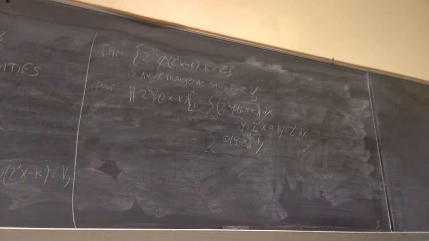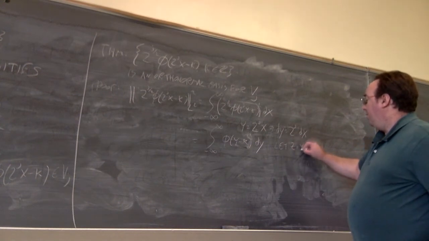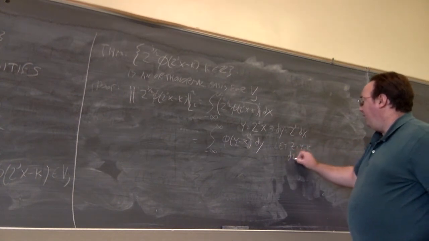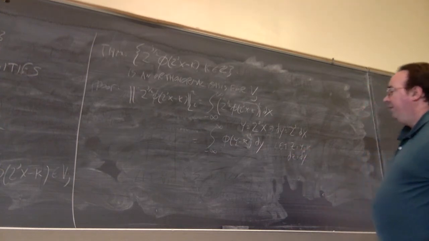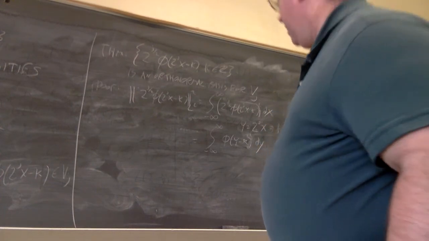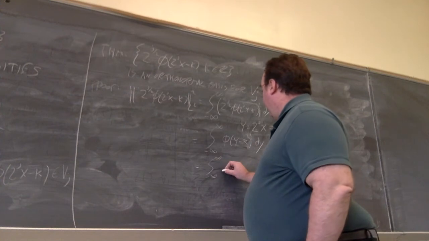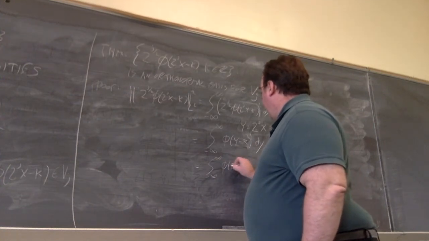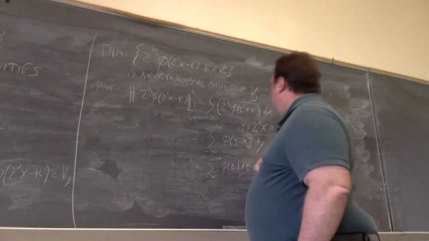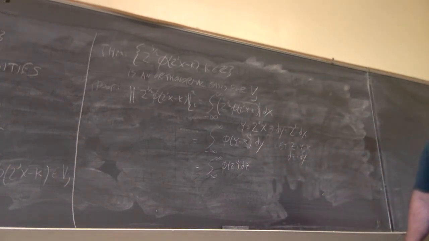Now, I'm going to make a second change of variable. Let z equal y minus k, so dz equals dy. So it's just a translation, with the same domain. So I get the integral of phi(z) squared dz. But phi of z, the Haar scaling function in its most basic form, is only non-zero between 0 and 1.